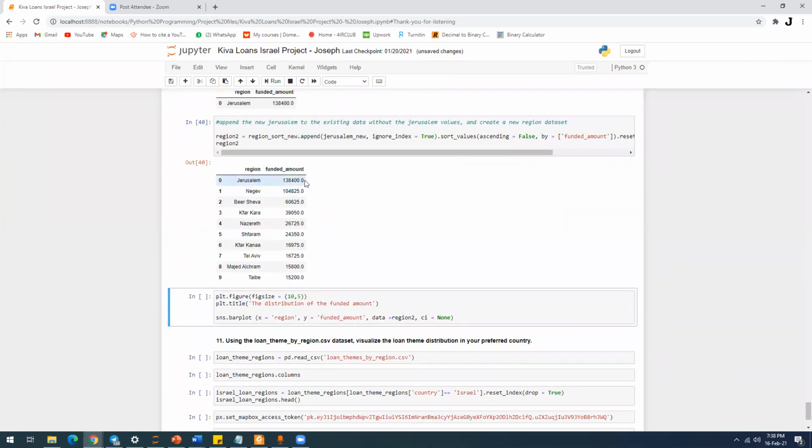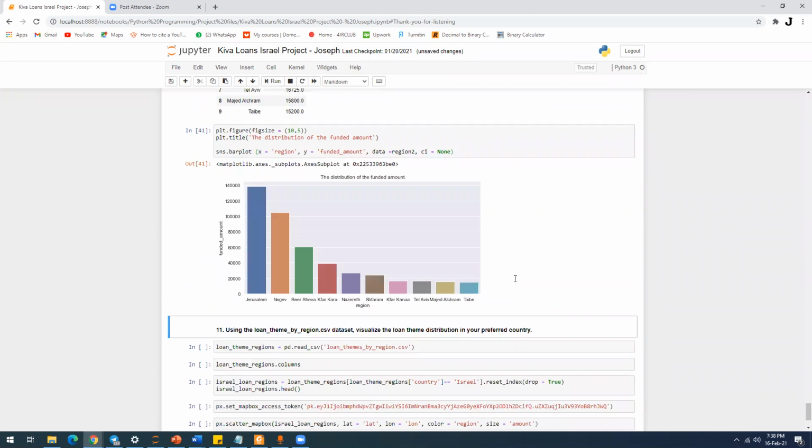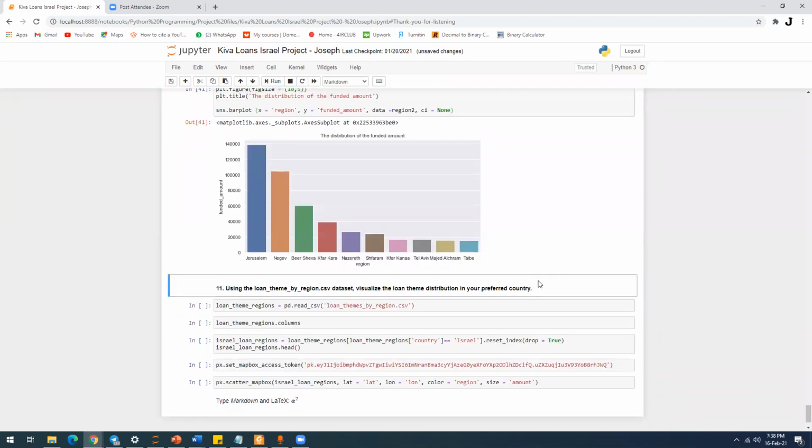So of course, Jerusalem became top, and I plotted, and this is what I could get. Jerusalem tops, and then all others follow, with Negev being second all the way.